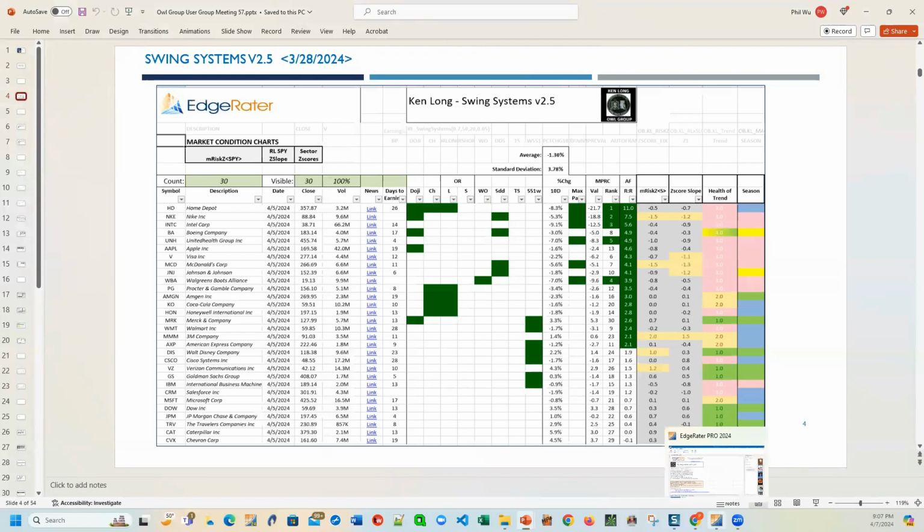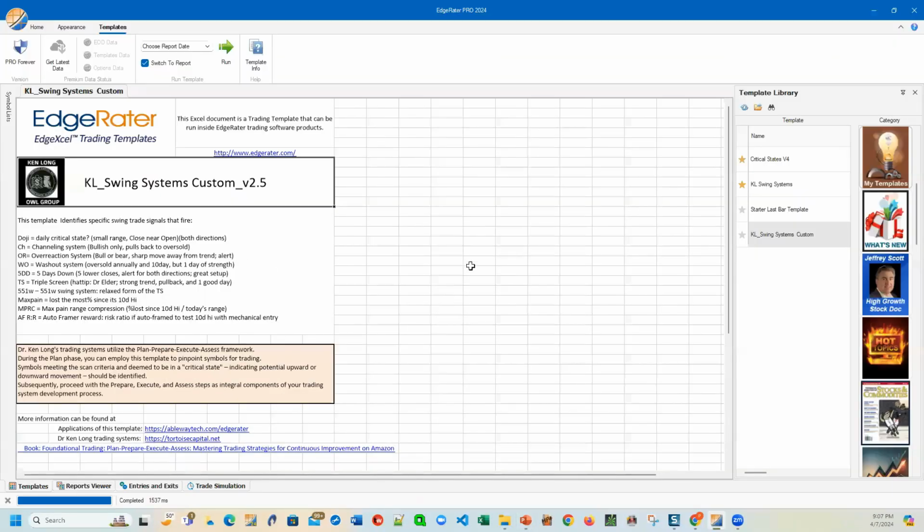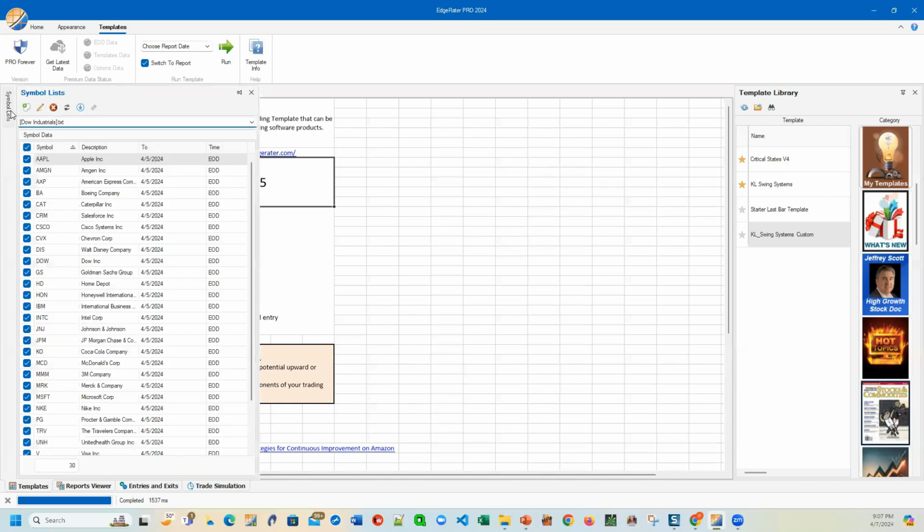So if we go to EdgeRater, under my templates, there's the custom swing system version 2.5. Then we go to the symbol, and I have the Dow industrials.